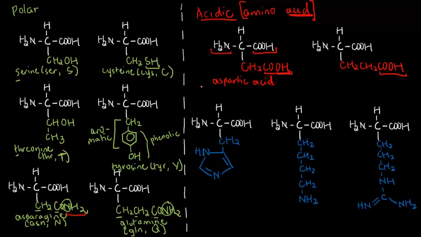Aspartic acid: three letters ASP, one letter D. This one has three carbons, just like here, and we just replace the amide with a COOH, and this is our glutamic acid. GLU, one letter is E.